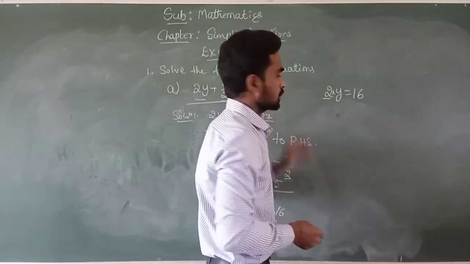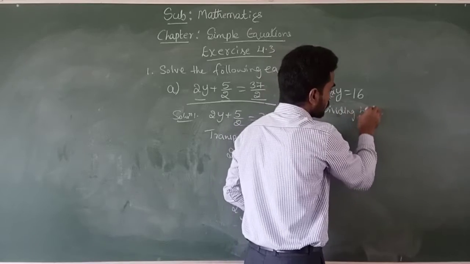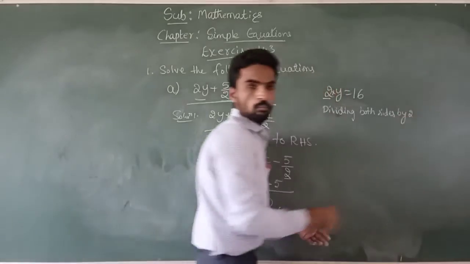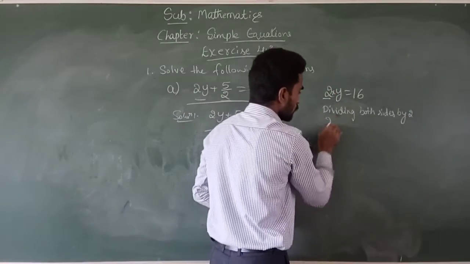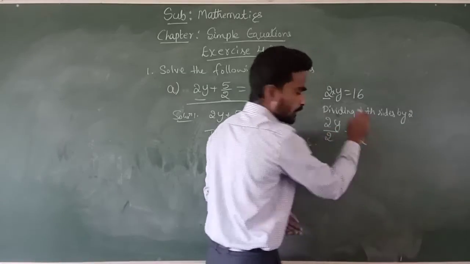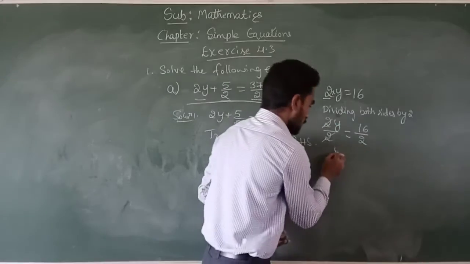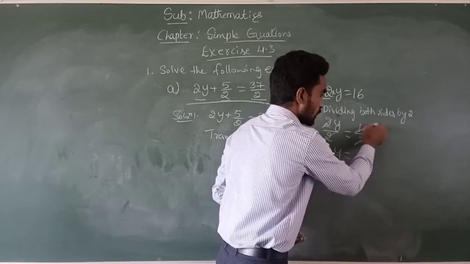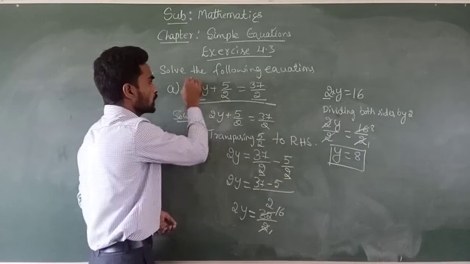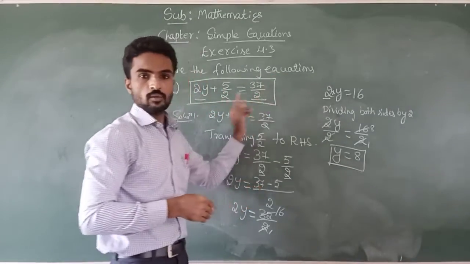Dividing both sides by 2, we get 2 into y divided by 2 is equal to 16 divided by 2. Here these two cancel out. Then y is equal to 8, 2 eights are 16. So y is equal to 8 is the solution of the equation 2y plus 5 by 2 is equal to 37 divided by 2.